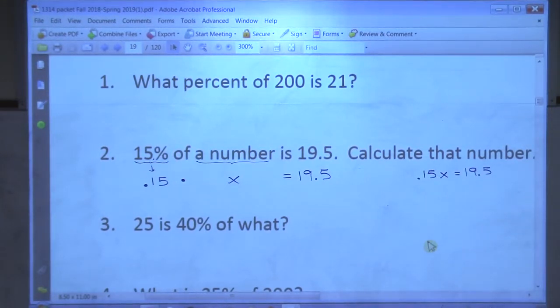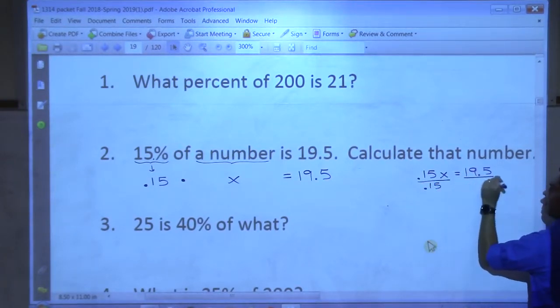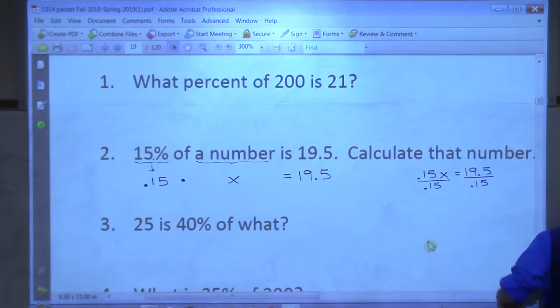What now? Solve for X. Divide by 0.15, right? And this is where you get your calculator out. 19.5 divided by 0.15. What are y'all getting? 130.